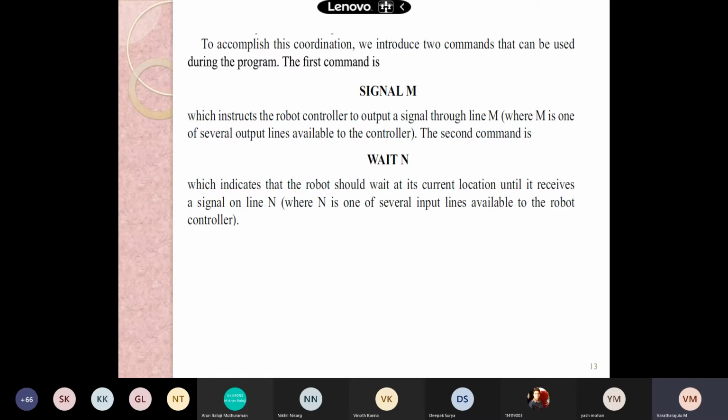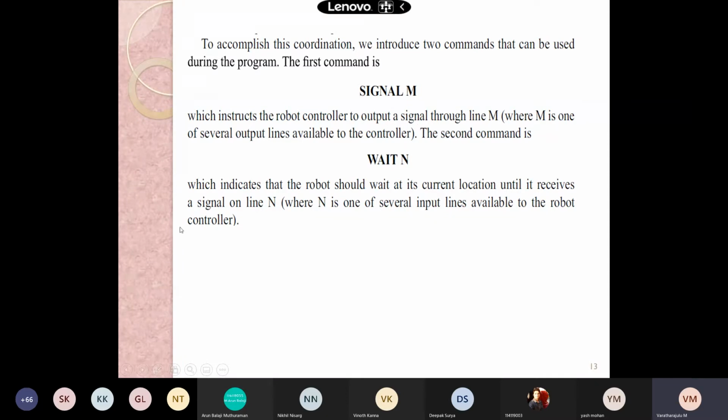We were given various line numbers, where M is one of the several output lines available to the controller. In order to call one particular line, we are using M. And what is signal M? It is the robot controller outputting a signal.